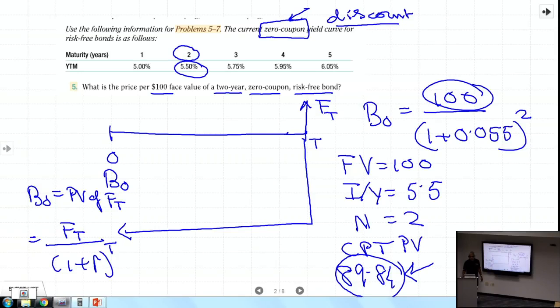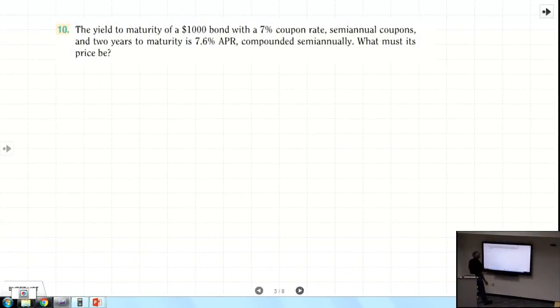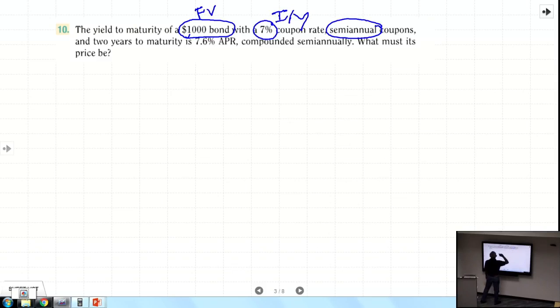Okay, let's look at the next problem. We have a bond with the yield to maturity of a bond, $1,000 par. So that gives us the face value or our future value. It's semi-annual coupon, so it's semi-annual compounding. 2 years to maturity, so N is equal to 2.